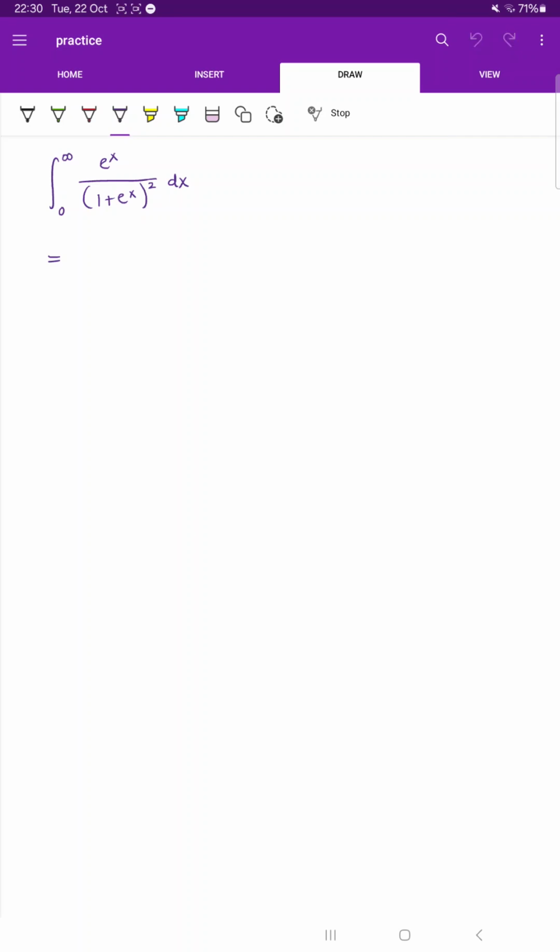And how we do that is, well, first we choose a dummy variable, and I like to choose t because it looks cool. And what we do with that is, well, we take the limit as that dummy variable approaches infinity. Okay, so we'll have the same thing.